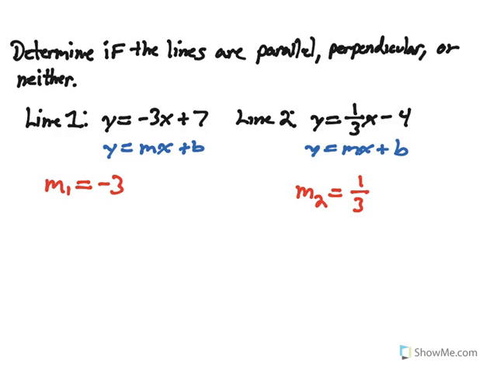So when you have a slope of M1, and you want to find the perpendicular slope, well, if M1 is equal to -3, then M2 must be the negative reciprocal in order for it to be perpendicular. Well, what is the reciprocal of -3? It's going to be 1/-3.